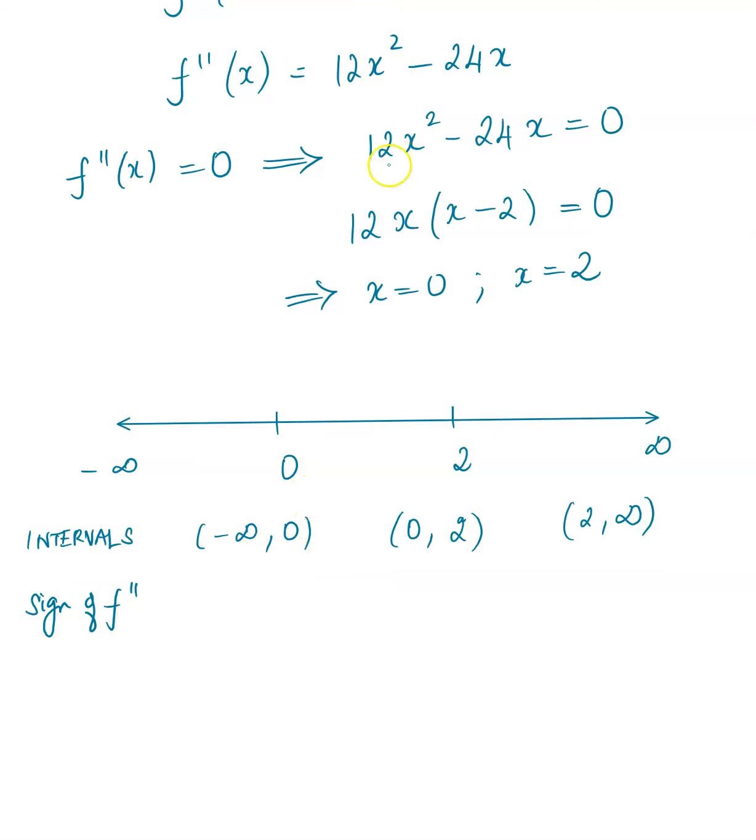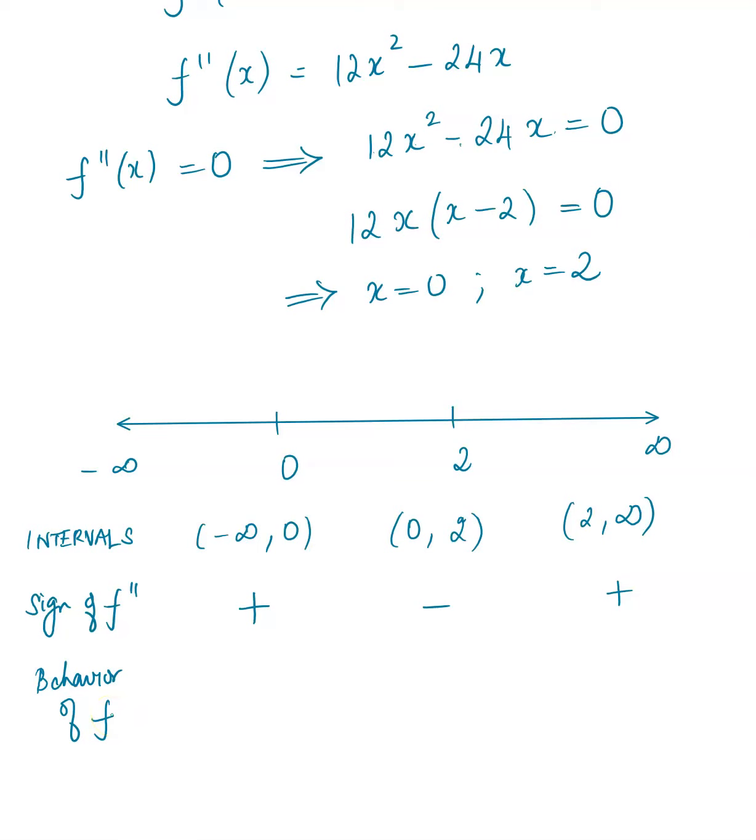Choose a test point and plug it into this 12x squared minus 24x expression. So if it's negative 1, it's 12 times negative 1 the whole squared minus 24 times negative 1. That's going to be positive, negative, and positive when you do the test points. And then you have the behavior of f.